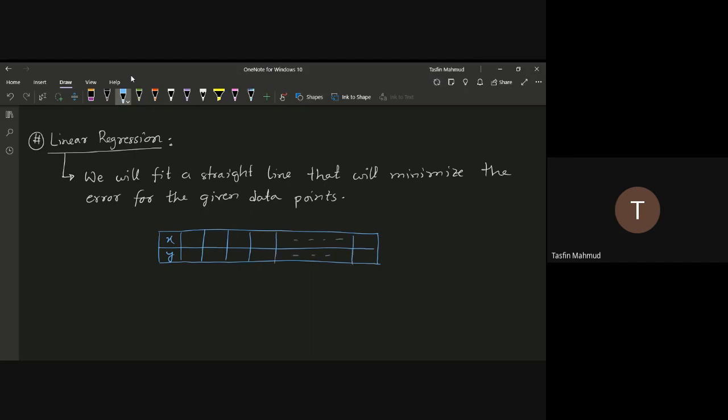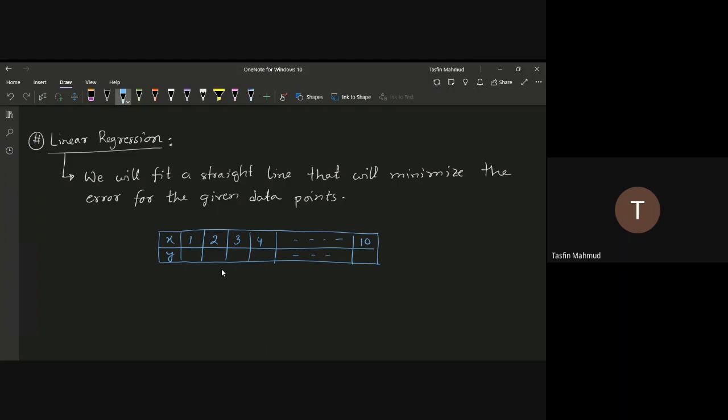So let's assume this is x1, this is y1, the second one is x2. These values are given. Okay, let's consider these with some starting values, then it would be easier. So let's assume this is 1, this is 2, 3, 4, and let's assume this is 10.